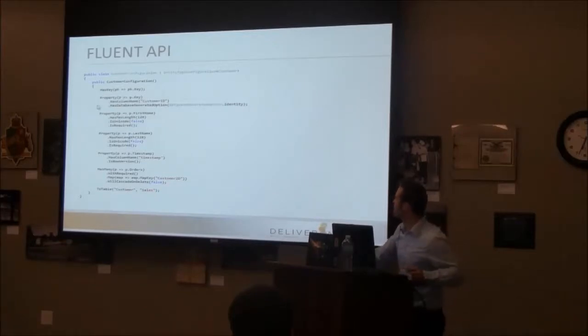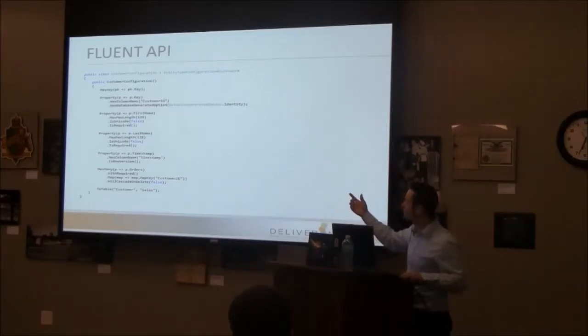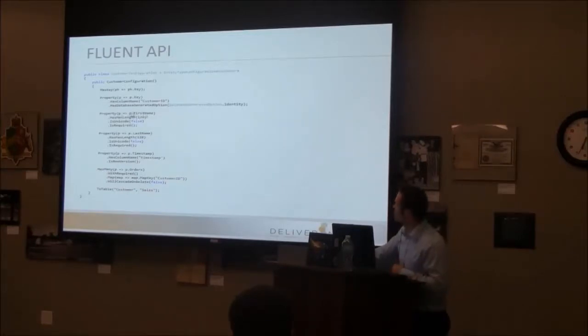Then you'd be responsible for setting your own values for the primary keys. Then for string properties, since it has IntelliSense, it knows exactly what type of field you're configuring. So you're going to get different methods based on the type. If I'm doing a string property, which is the first name, it's going to have methods called HasMaxLength, IsUnicode, etc. So I'm doing property FirstName, HasMaxLength of 128, and I'm specifying it is not Unicode with IsUnicode false.